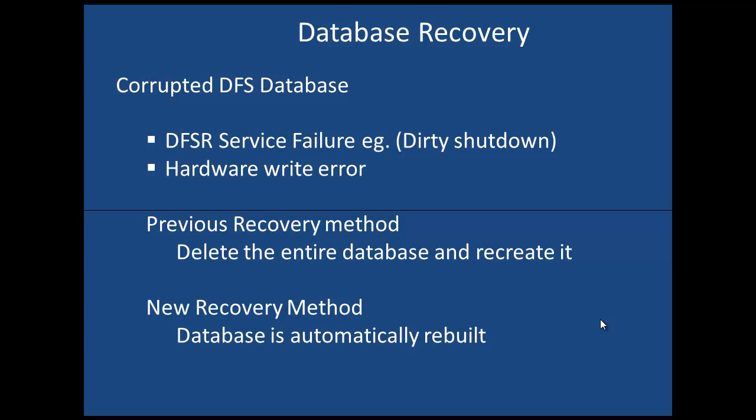You wouldn't need to preseed the replicated folder, so you can skip that step. But you should remove the memberships of the problem server to prevent DFSR from attempting to rebuild the database until the cloning is complete.